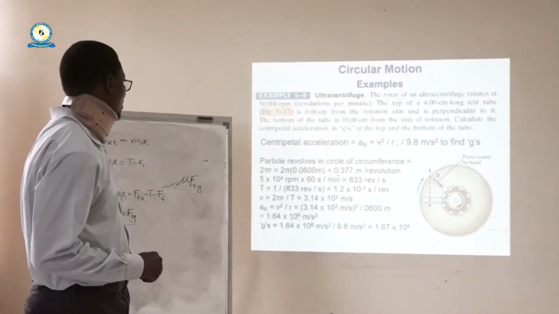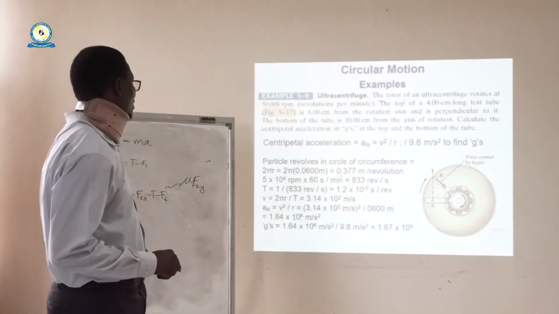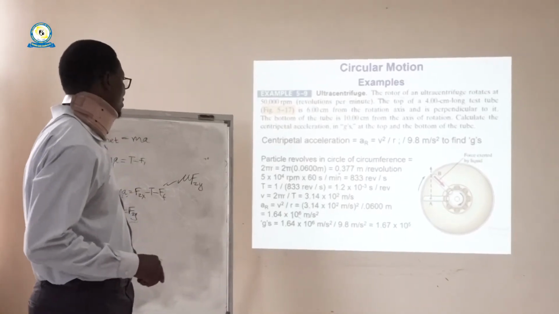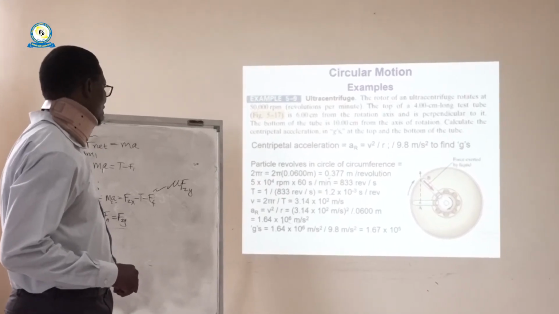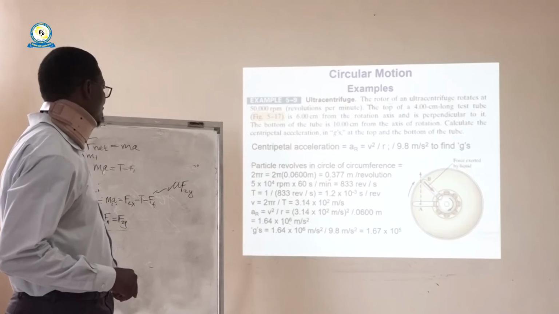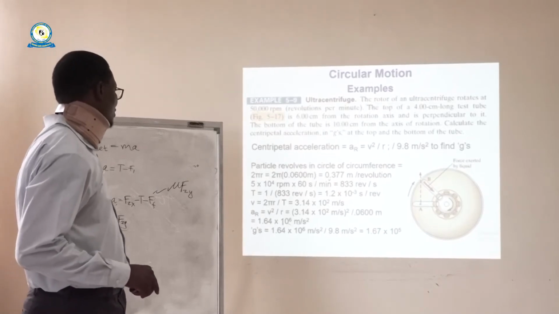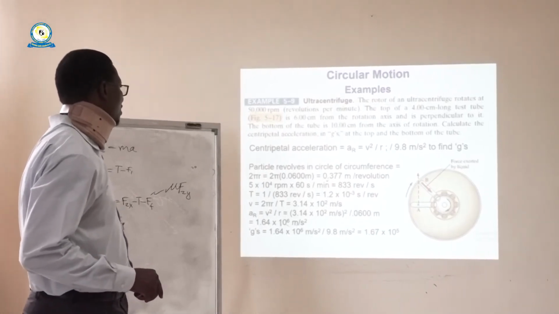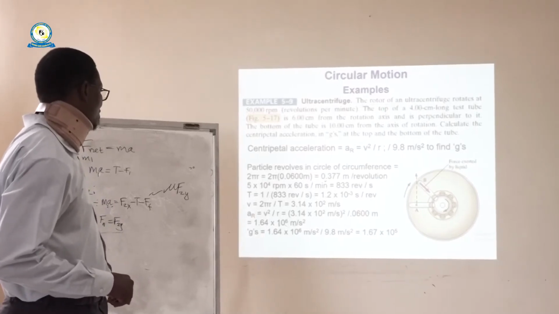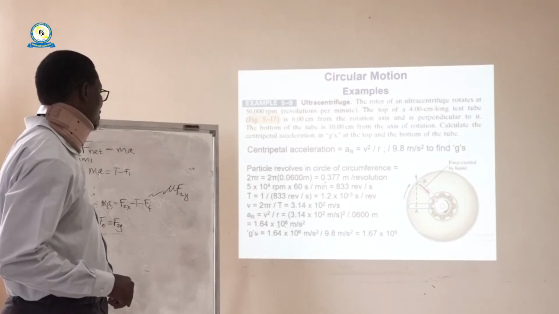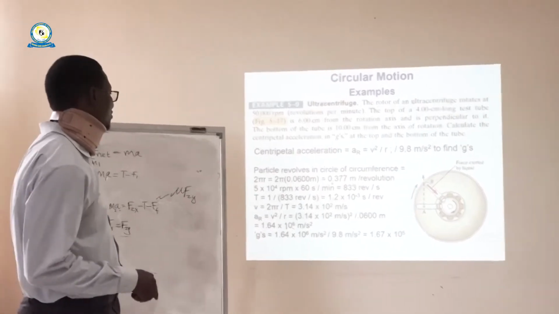You change these revolutions per minute, so you change them per second. This one is per revolution, velocity. This one you substitute, you get acceleration.